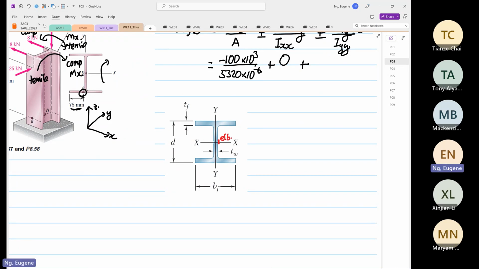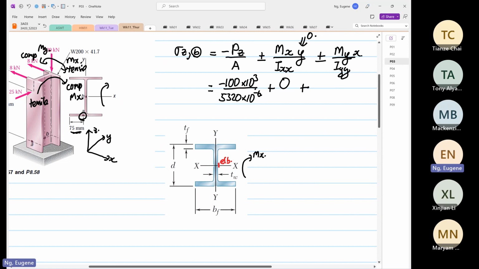So we know that the moment about x, this is the moment due to x, is equal to 0, because it's exactly at the centroid. And this is the moment about y, and we know that this end is in tensile.